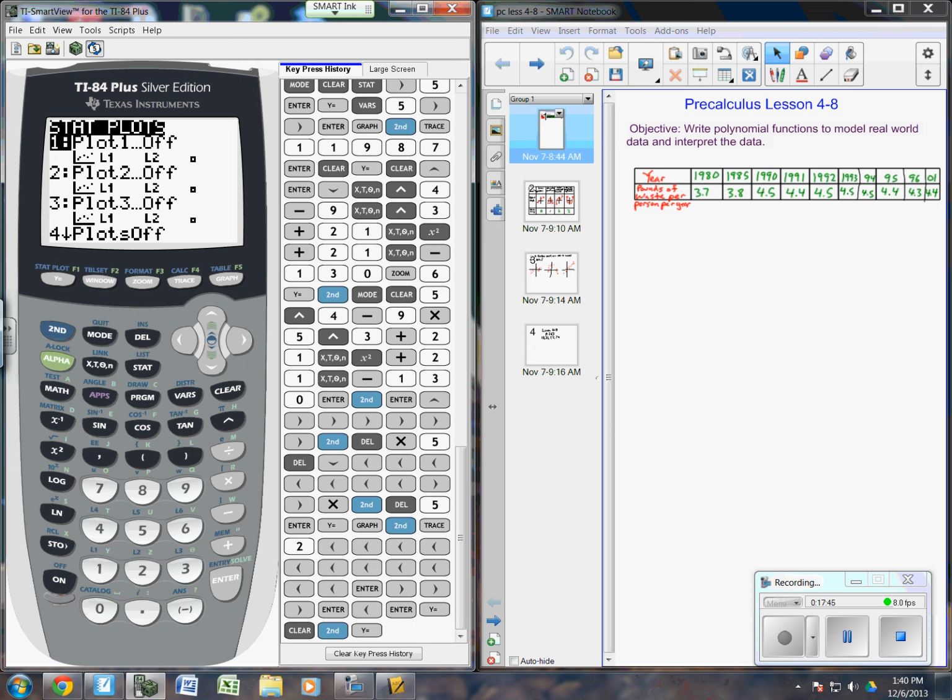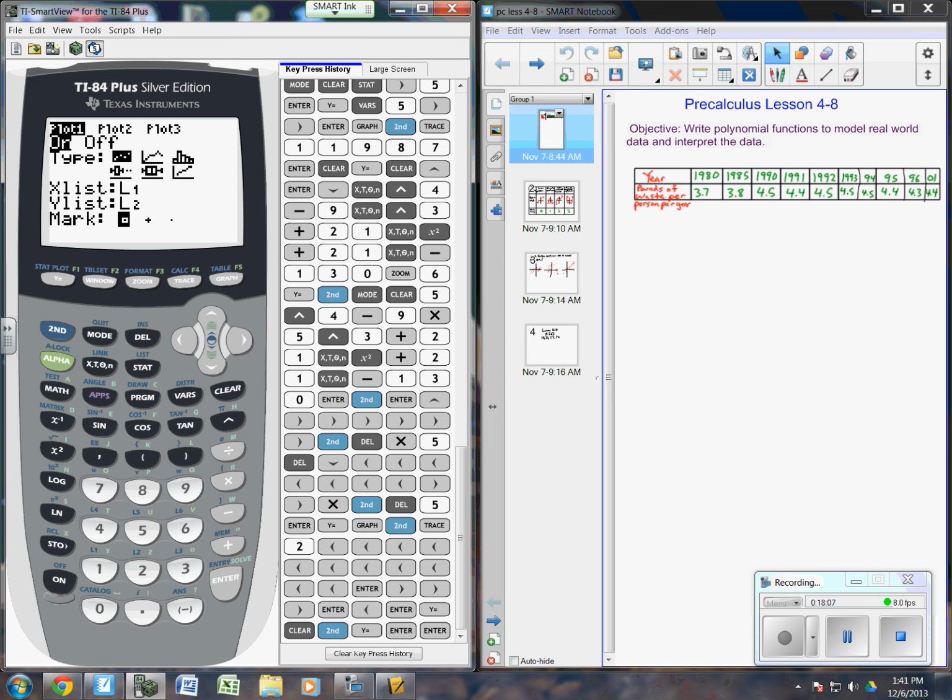Everybody go to second y equals to your stat plots. And we're going to turn number 1 on. So hit enter and hit the on button so it's on. Make sure that this type of graph is chosen, the first type, the scatter plot. Make sure the x-list says L1, the y-list says L2, and the mark is the very first one because that's the biggest.